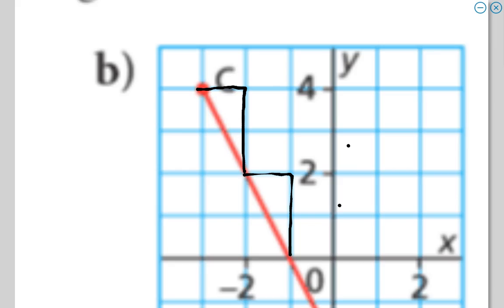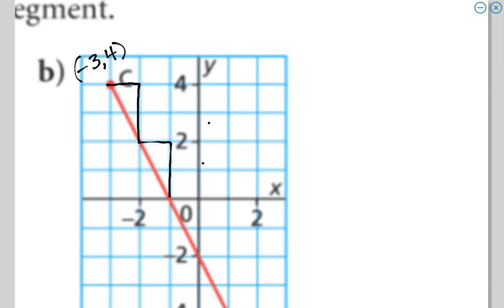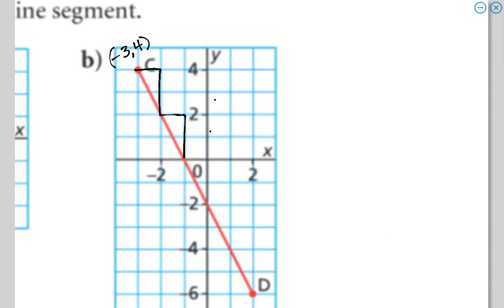So what's the point for C? Negative 3 comma 4. Good. And what's the point for D? You got 2 to the right and 6 down. So which one of those points would you call the second point? Which one's the second, C or D?